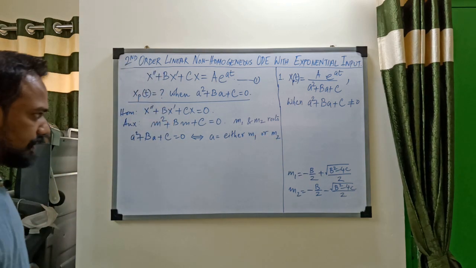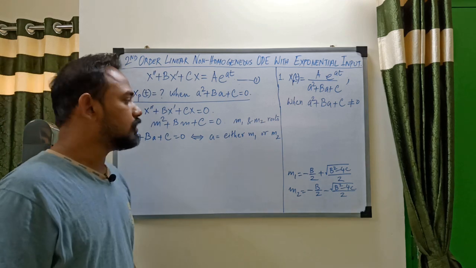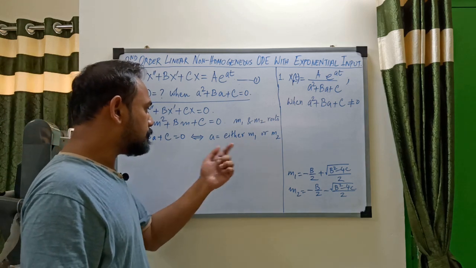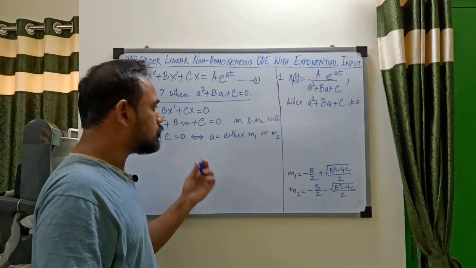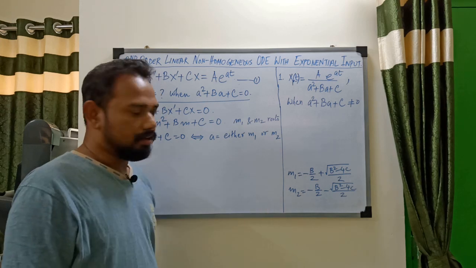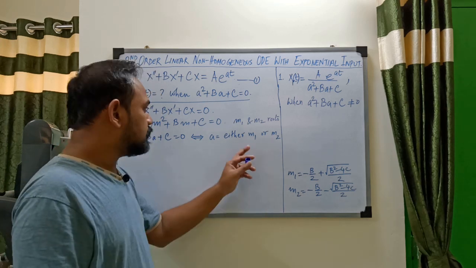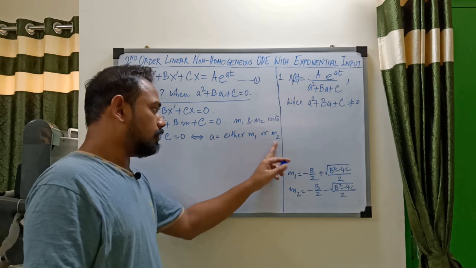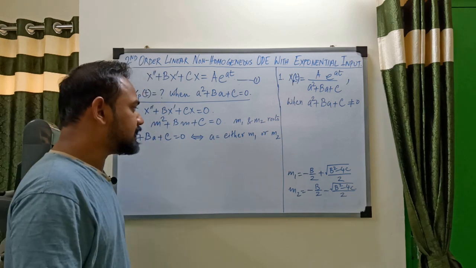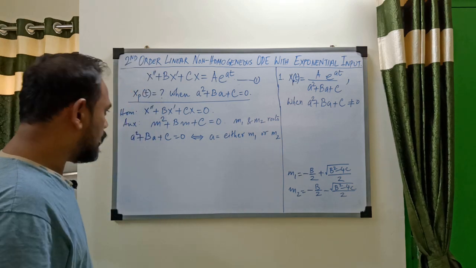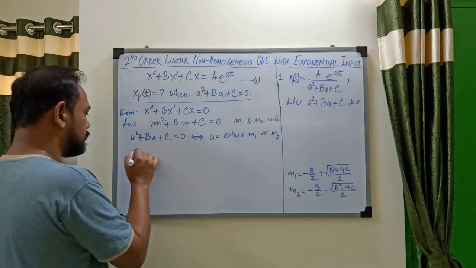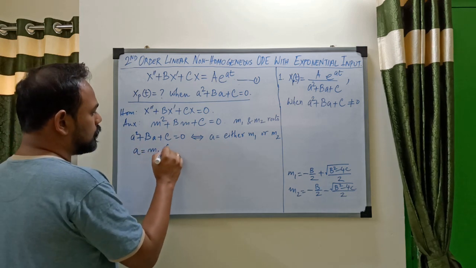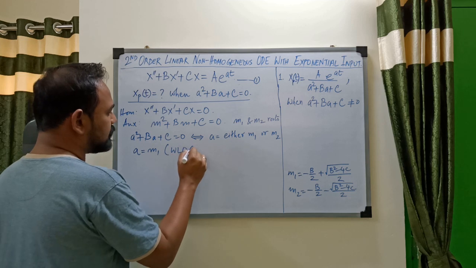Actually, without loss of generality, that's the phrase we use in mathematics when we don't want to distinguish between these two possible candidates. So a can be either m1 or m2. Let's say for our purpose that a is equal to m1.